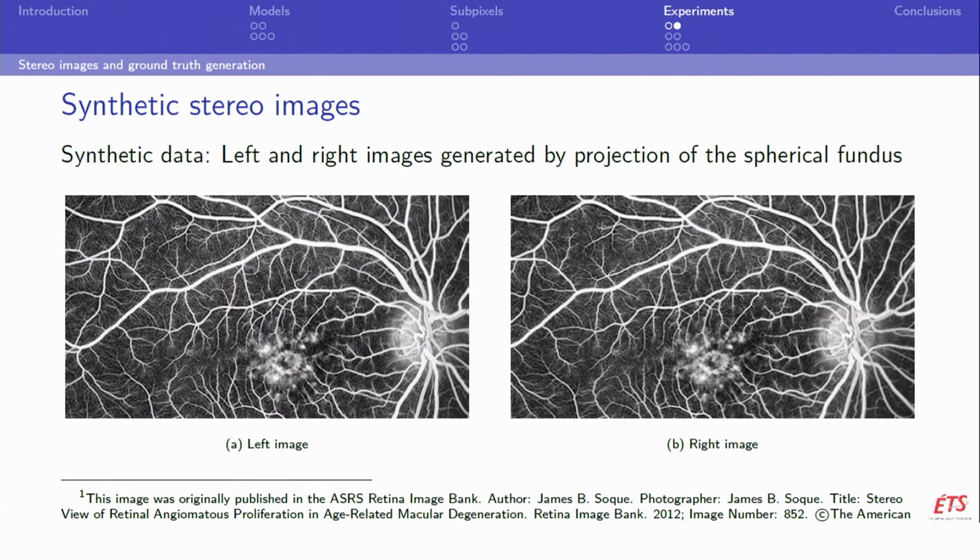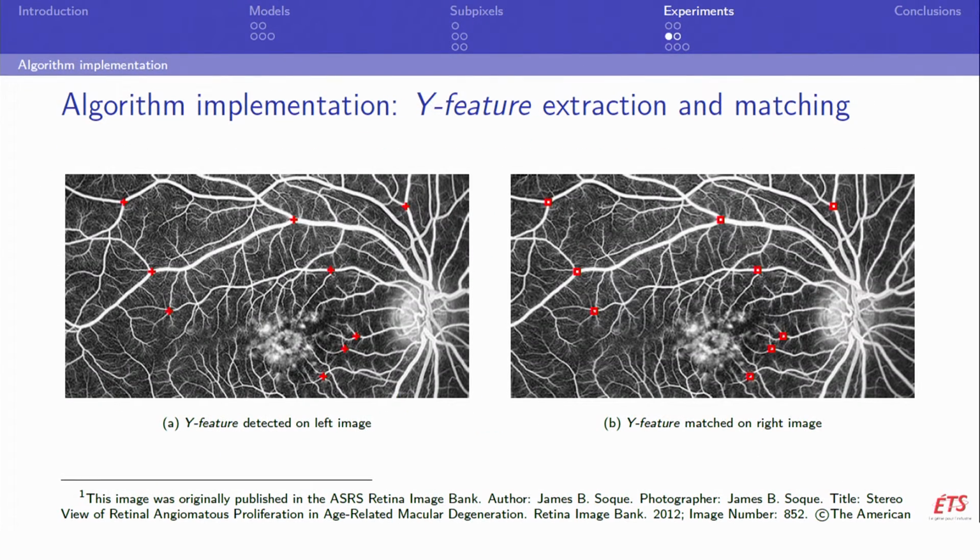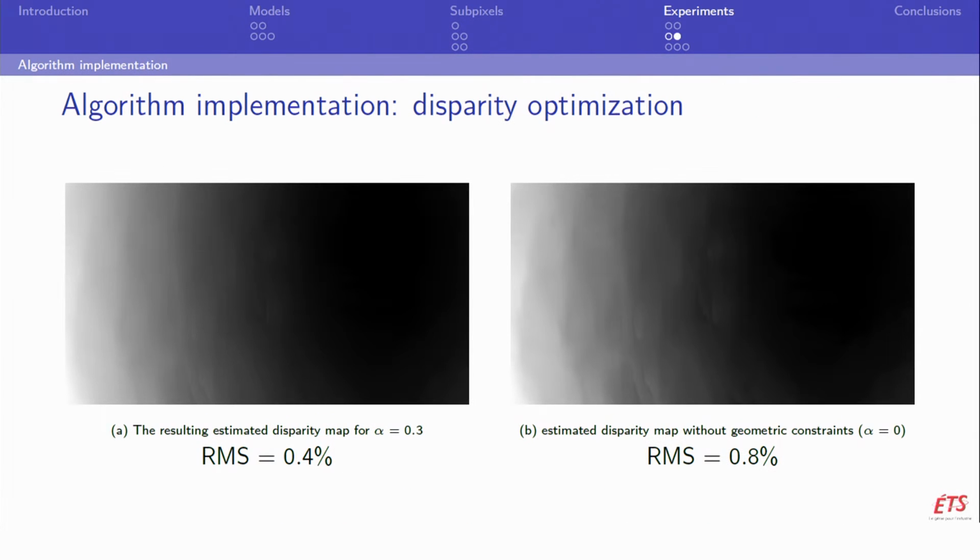So from there, we generated the two images, and from the two images, extracted the Y features. With the Y features and the matching of those Y features, we are generating the original surface, and from there we are applying the algorithm to extract the dense disparity estimation.